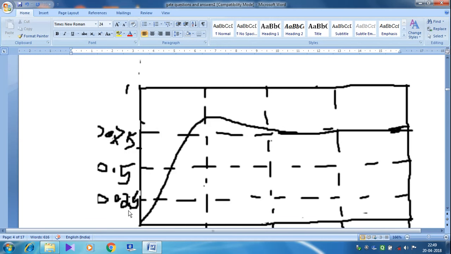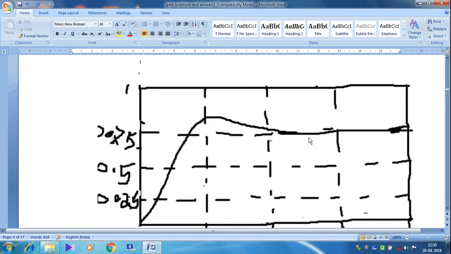So this is 0.25, 0.75 and this is 1. But practically this is the response or output curve. This is the transient response and this is the steady state response.